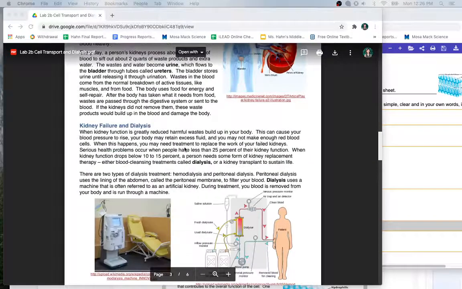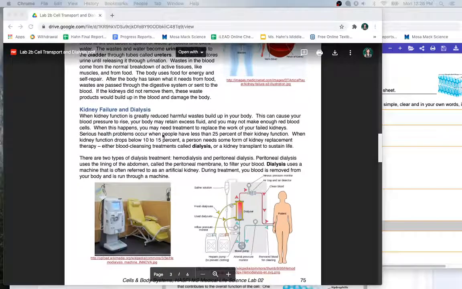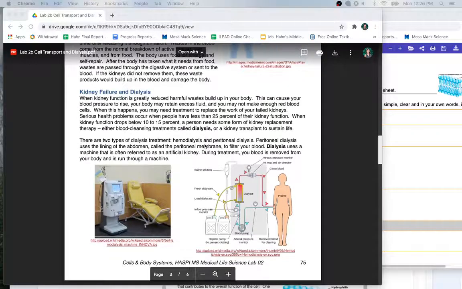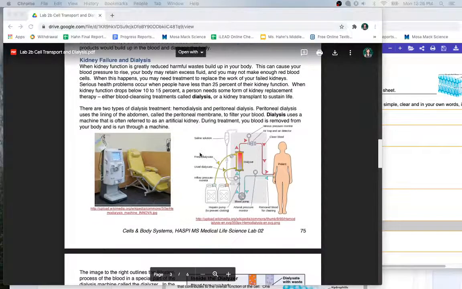So if you have kidney failure and your kidneys aren't able to do their job, then you will need to go for dialysis, which is where this machine does the filtering for you. They take your blood out, put it through the machine, it filters out the waste, and then puts the cleaned blood back into your body.